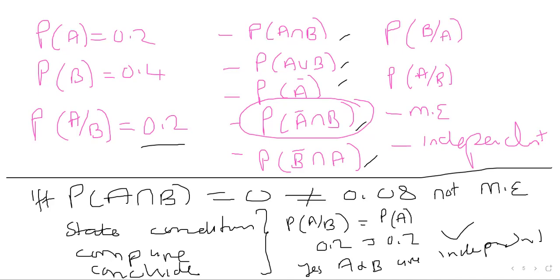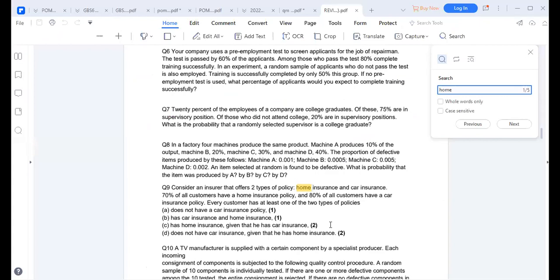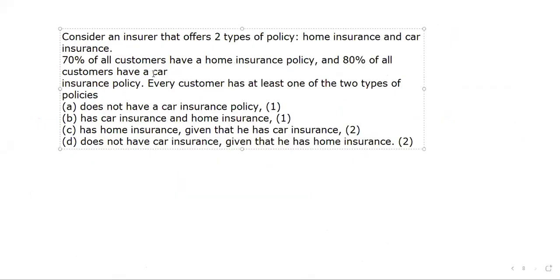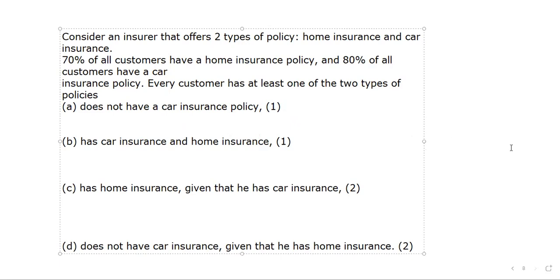Okay, so let's go to our revision kit here. Let me beam it so that you're able to clearly see it. Okay, so I need us to think through intelligently what we've just been learning. So we are told that an insurer has two types of policies: home insurance and car insurance.